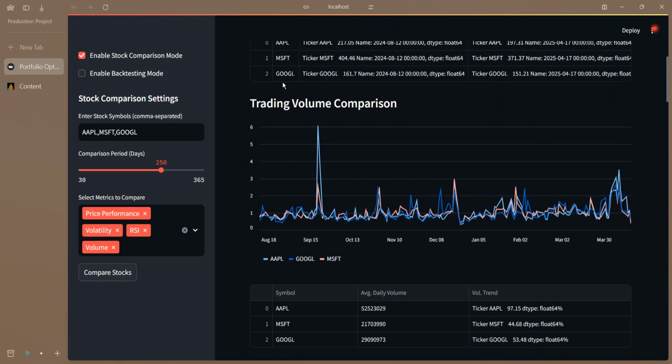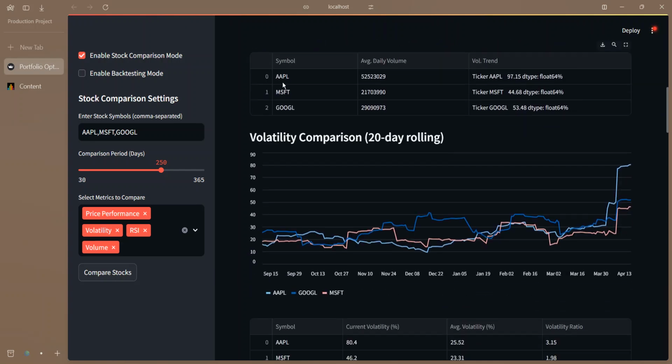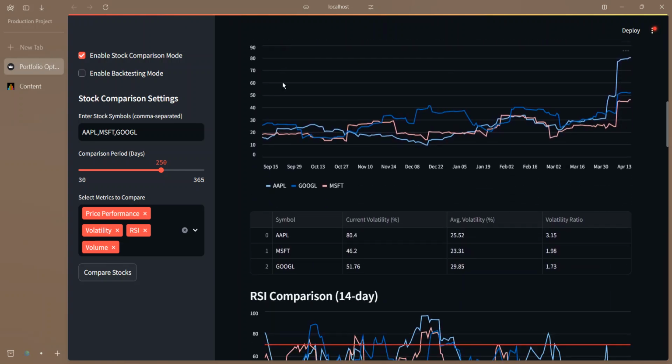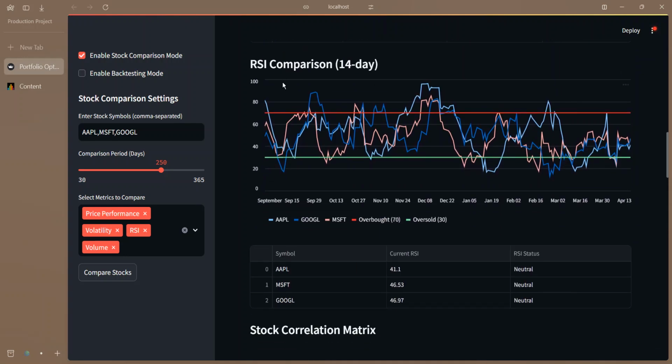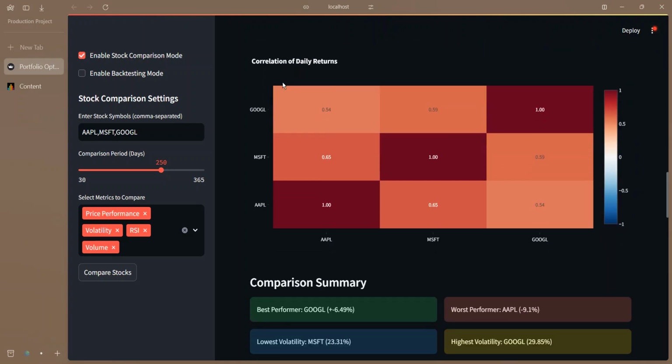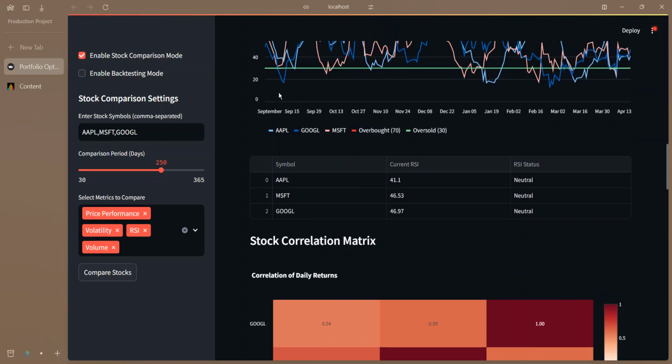And over here is the trading volume. It just compares the metrics, for example the trading volume, the volatility, and it gives you the volatility ratio and the volatility percentage. The RSI, it would also give you a correlation matrix.